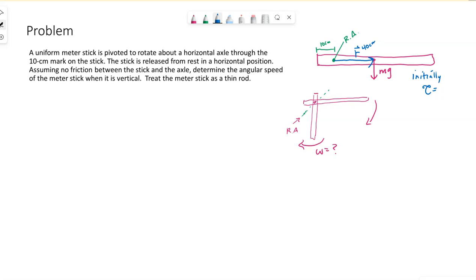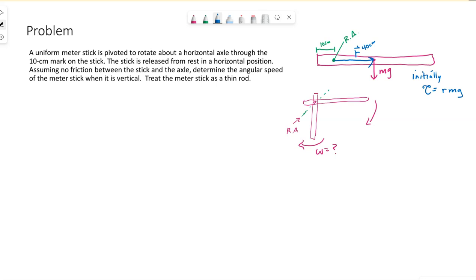That's because the mg is acting at the 50 centimeter mark, because this is a uniform meter stick. The rotation axis is at the 10 centimeter mark. So the distance between the rotation axis and this force is 40 centimeters.